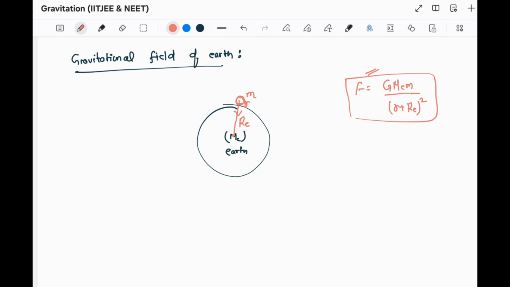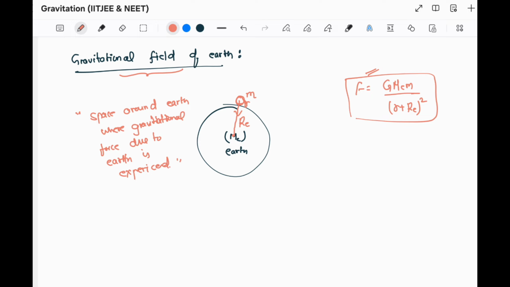When we discuss the gravitational field of Earth, it is a space around Earth where the gravitational force due to Earth is experienced.